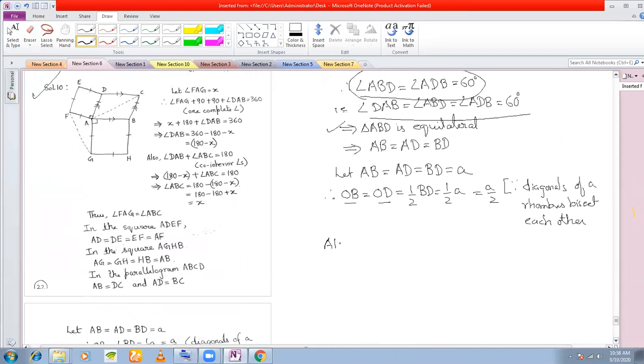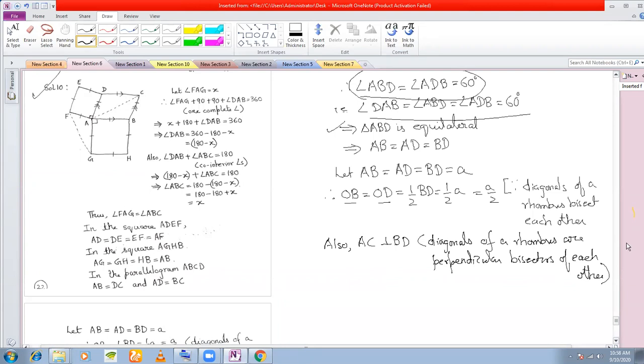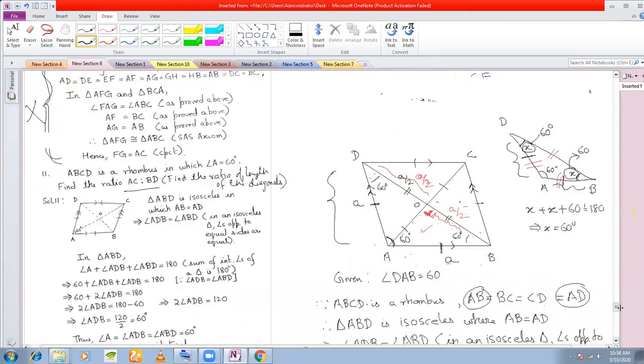Also, AC is perpendicular to BD, because the diagonals of a rhombus are perpendicular bisectors of each other. Okay. So we have shown that one angle in this triangle is 90 degrees.